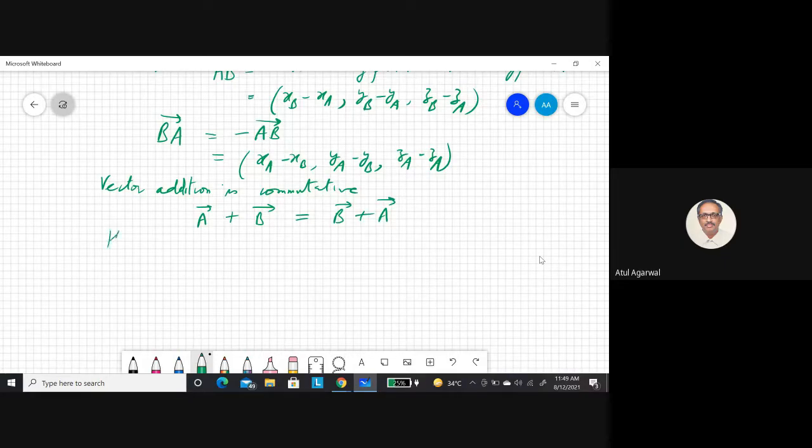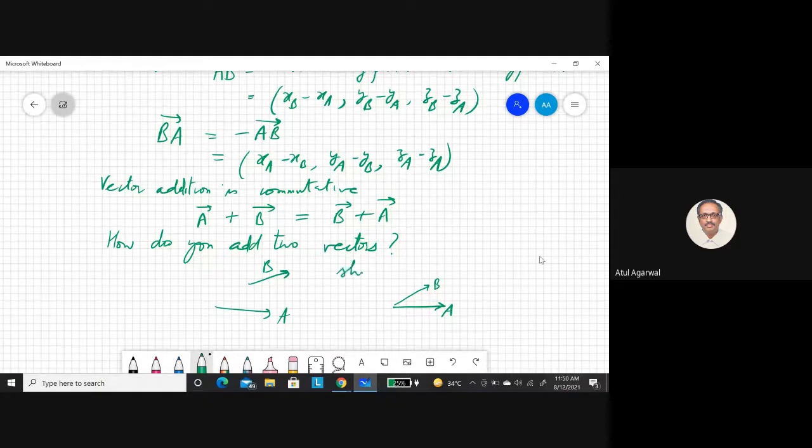How do you add two vectors? I got a vector A, I got a vector B. How do I add them? This is vector A. I move vector B to the point from where vector A starts.